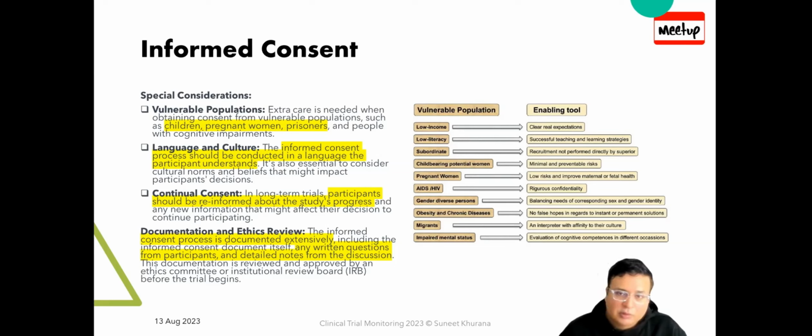So recruitment should not be performed directly by a supervisor; somebody who is not directly your superior should ask you to participate in a study. That is important. Then childbearing and potential childbearing women should have minimal and preventable risks, and pregnant women should have low risks to fetal health.